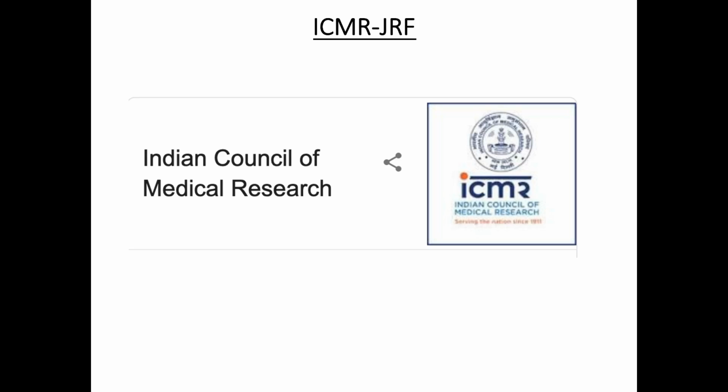So the last one is ICMR-JRF, and ICMR stands for Indian Council of Medical Research. All the medical institutions come under the ICMR, like for example, PGIMER Delhi, PGIMER Chandigarh, PGIMER Pondicherry, or all the AIIMS and all other research institutions working in the field of particular diseases or any kind of public health.